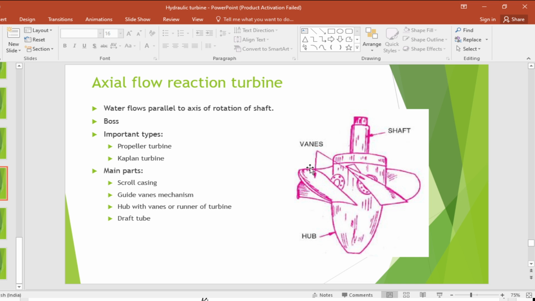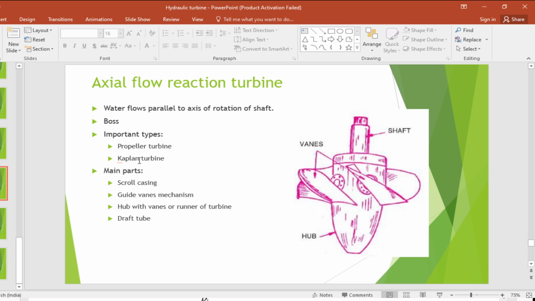Okay, this Kaplan turbine is named after the Austrian engineer V. Kaplan. This Kaplan turbine is suitable where a large quantity of water at low head is available.